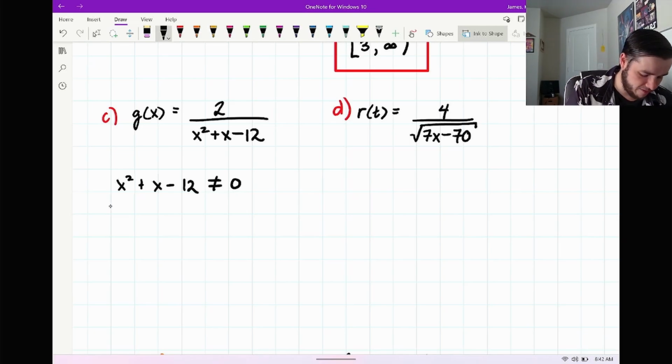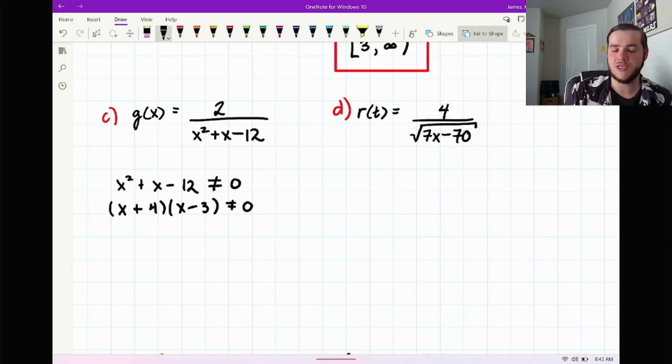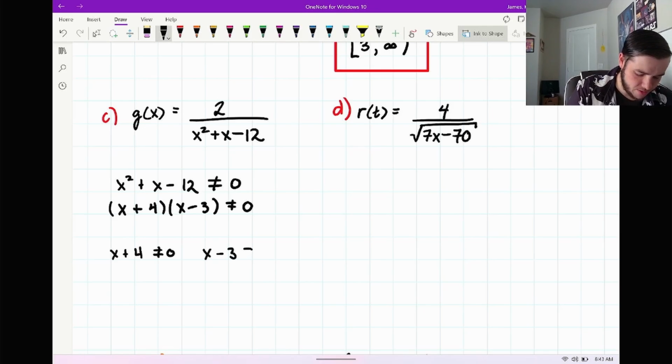I can solve this by factoring into x plus 4 and x minus 3 not equal to 0. And using my 0 or not 0 product property, I know that x plus 4 isn't 0, or x minus 3 can't be 0. So x cannot be negative 4, and x cannot be 3.